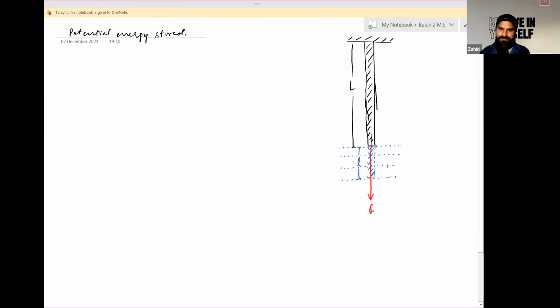So in the last part, from this point to this point, suppose deformation is dy, and the rest of the term from the start to this point, let's say y. And I'm considering y comparable to L, as dy is an infinitely small segment.